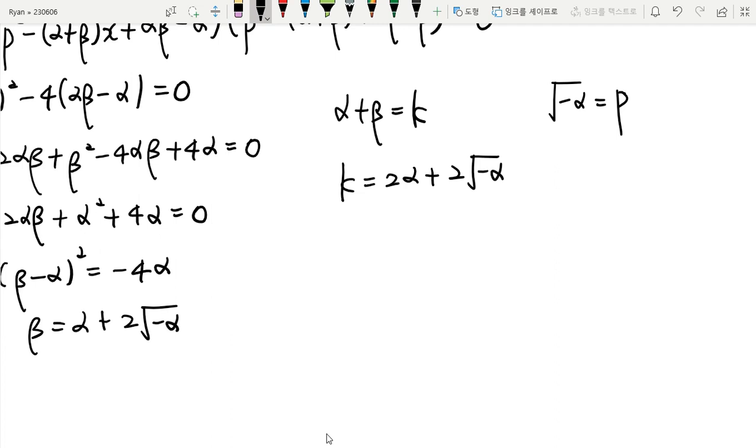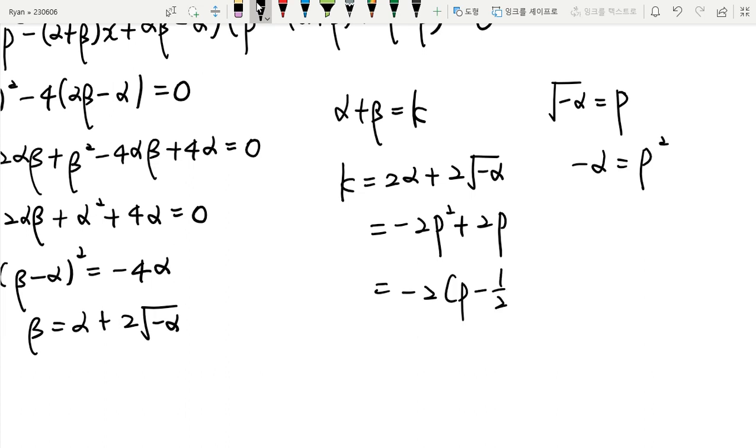In such case, minus alpha is p squared. So if we change this alpha to p, k is equal to minus 2p squared plus 2 times p, and then we can make the perfect square to find the maximum value. Something like this. So that means when p is 1/2, k, the sum of alpha and beta, will have the maximum value.